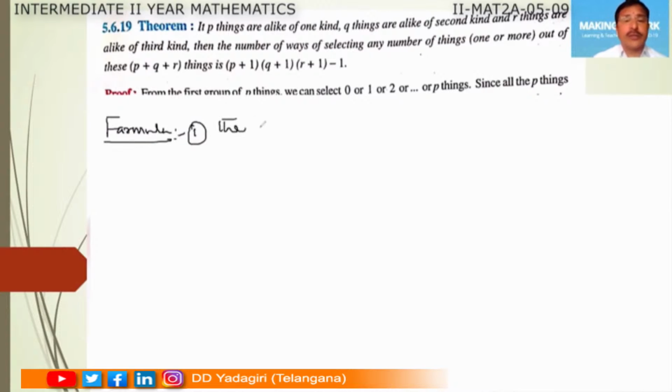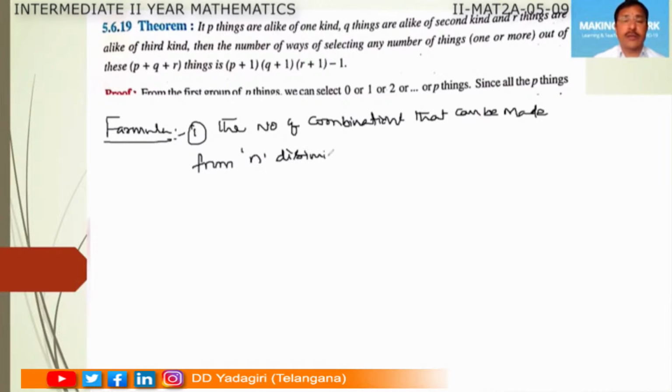The number of combinations that can be made from n distinct things or dissimilar things, just by taking any number of elements or no elements.